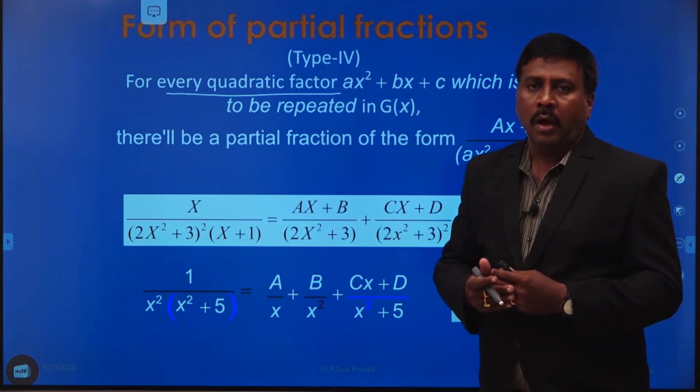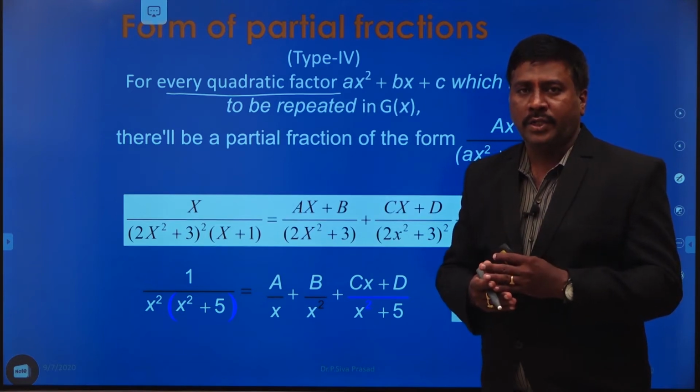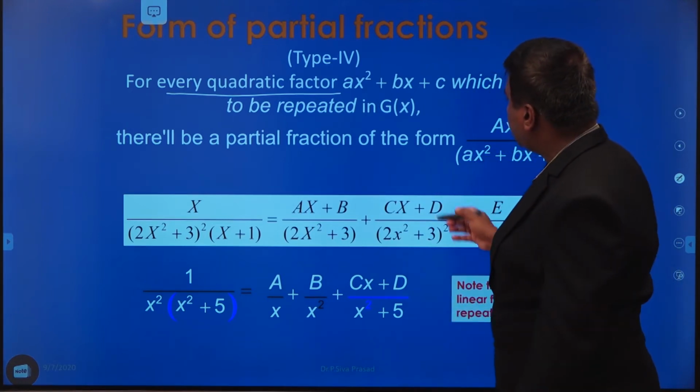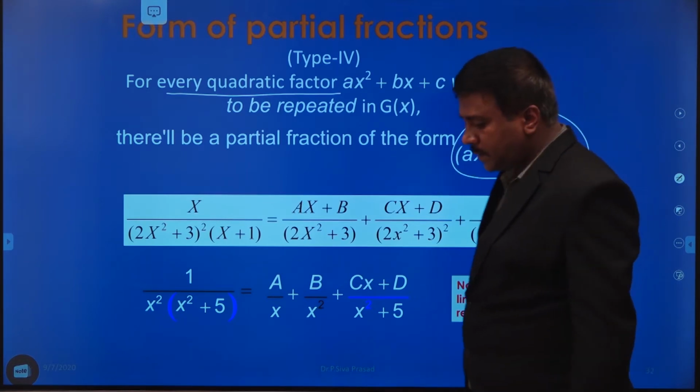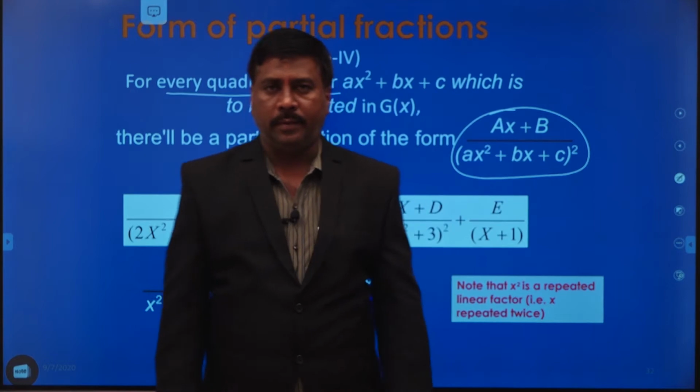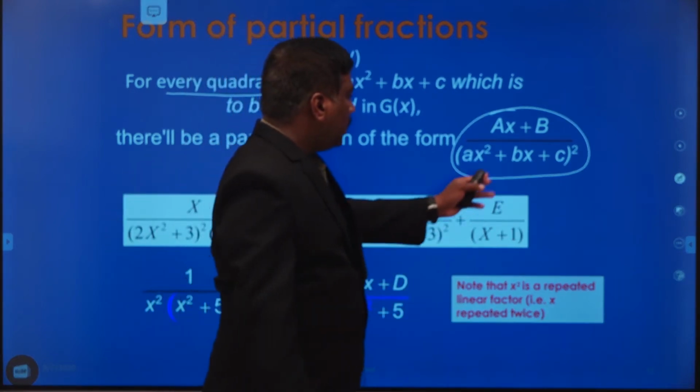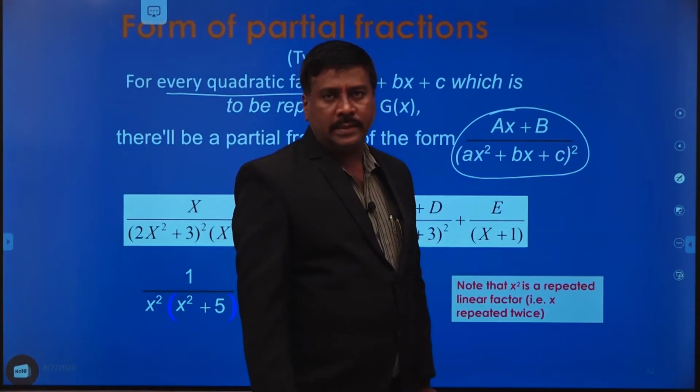Then how do we consider the partial fraction? Please keep in mind, this is Ax plus B by ax square plus bx plus c whole square, that is repeated. That means this quadratic form is repeated twice.